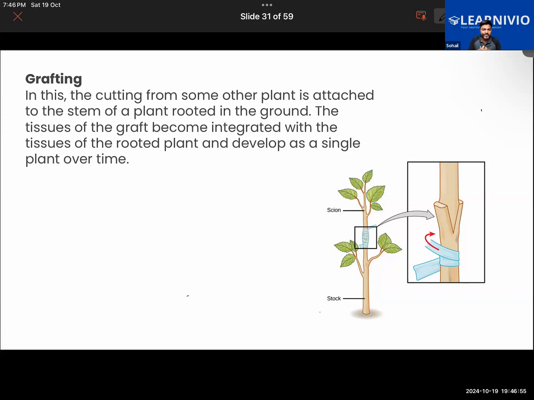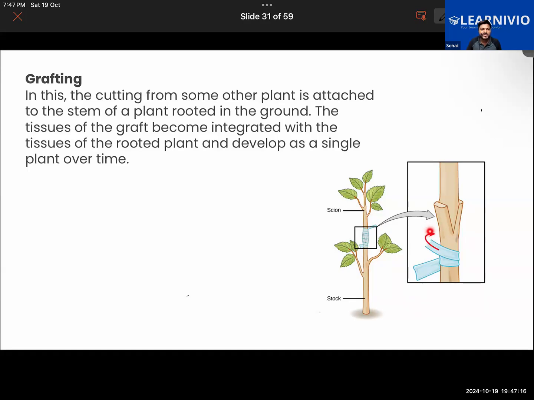Both of them have been joined here. There are different ways of joining it. We have made a cut like this. One of them has been cut into an arrow shape, and one into a V shape like this. It has been simply inserted into this, and with the help of some cloth or tape, it will be bound tightly.